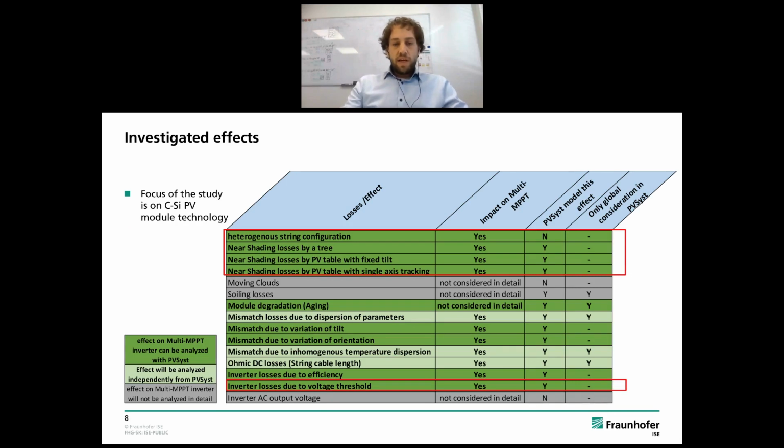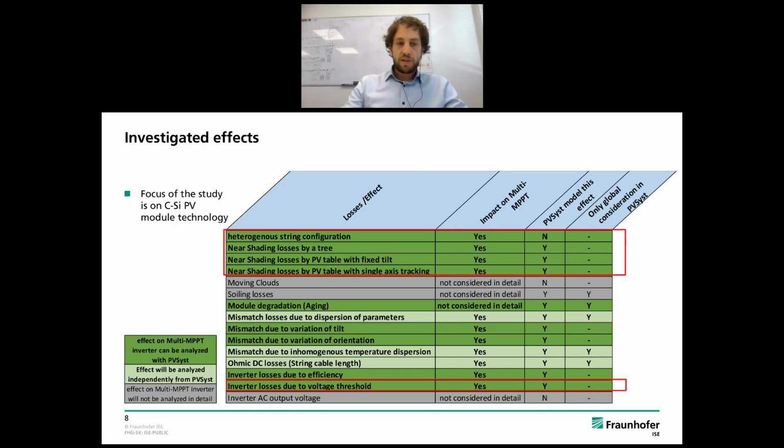Before we started, we analyzed and defined different effects that lead to mismatch losses over time in a PV plant. Today I will only be able to show you some results for four of these effects.